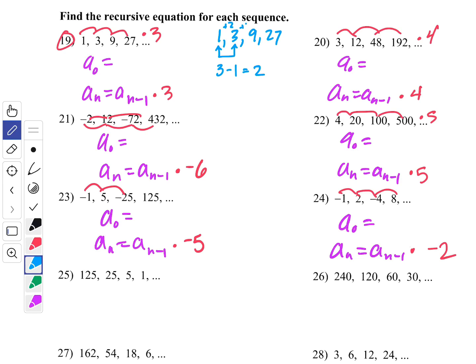That would give me 2, positive 2. So I'm adding 2. Does that work? Okay, it doesn't. So then you could try multiplication and go, okay, what's 3 divided by 1? Well, that's 3. So I'm timesing by 3. Times by 3, and we see that that's the pattern. So if you're not sure, you can always kind of do the opposite of what you think it may be and check that out. Which is kind of what we have to do going backwards here.